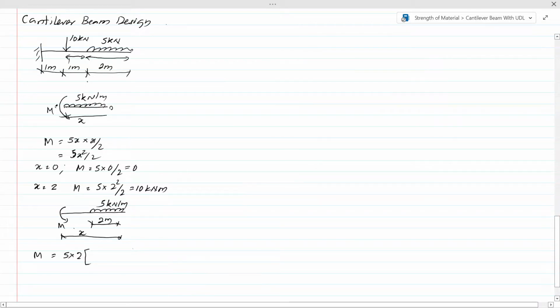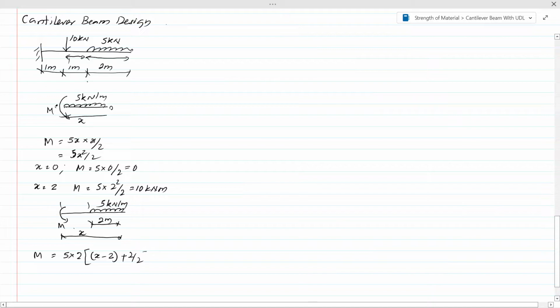Now we need to calculate the distance. What's the distance? Total distance will be x. Then from here to there, x minus 2. Then we have to add the distance of the load center, that is 2 by 2, right?